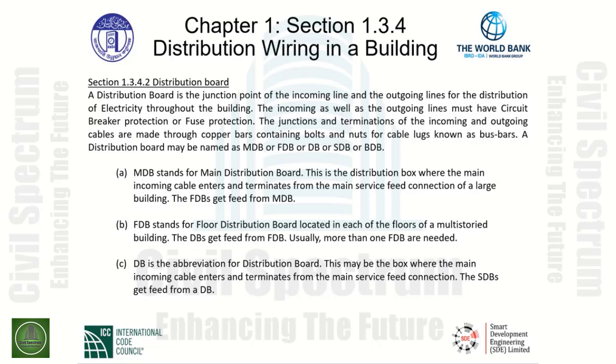The junctions and terminations of the incoming and outgoing cables are made through copper bars containing bolts and nuts for cable lugs, known as bus bars. A distribution board may be named as MDB or FDB or DB or SDB or BDB.